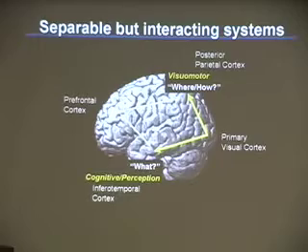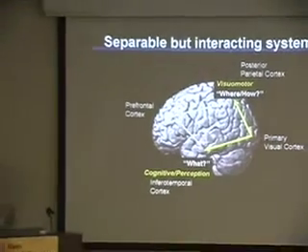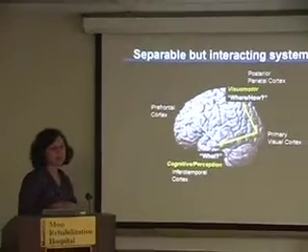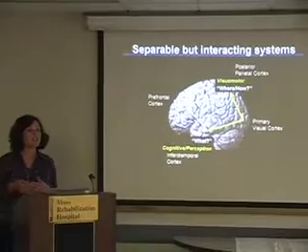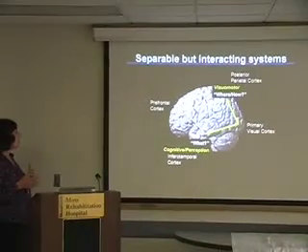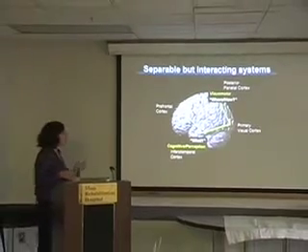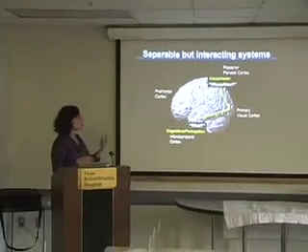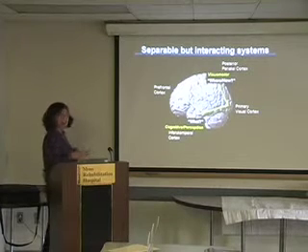This ventral stream has been nicknamed the what system for its role in processes involving object discrimination and object recognition, and it's often thought of as a more cognitive or conscious perception system, in contrast to the visual motor system, which deals more with visually guided actions.